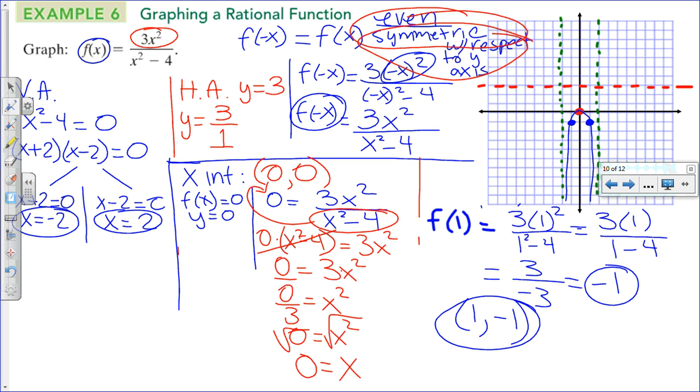Now, to know what happens, let's say in the first quadrant and second quadrant, I'm going to choose a random number that is on the right side of the vertical asymptote x equals 2. So that number is going to be, let's use 3.